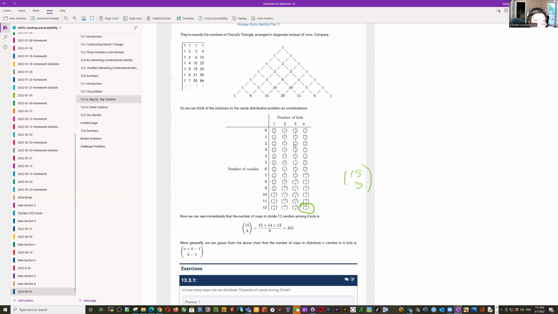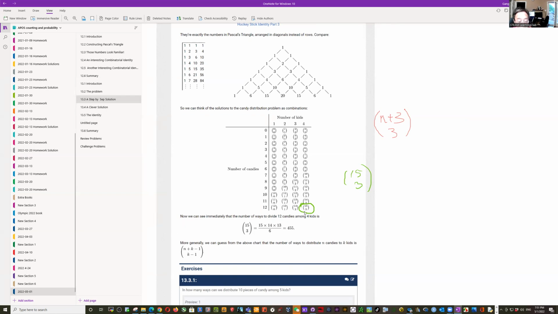For 3 kids, for example 12 candy and 3 kids, it solves to be n plus 3 choose 3, because 12 plus 3 equals 15. Then for 5 kids, you can break down the problem into giving the first kid some number of candy, then vary that number, build a similar table, and that table will follow the same hockey stick.